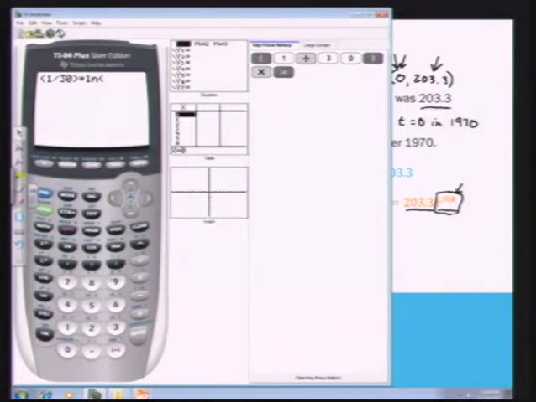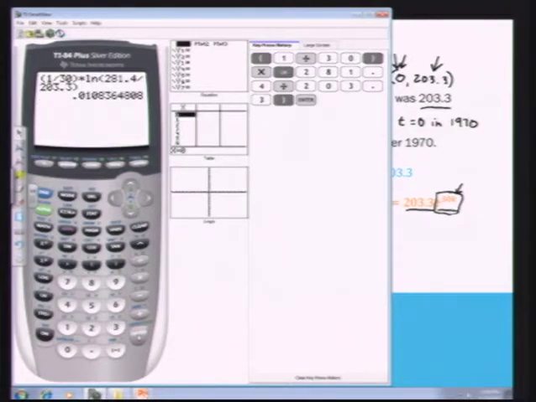It's the natural log of the quotient, which means we're going to take the natural log of 281.4 divided by 203.3, and then close our parentheses. And when we do that, we get 0.011 or 0.0108, depending on how many places after the decimal.